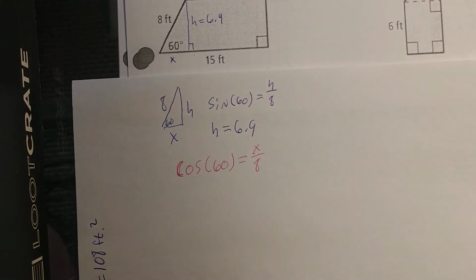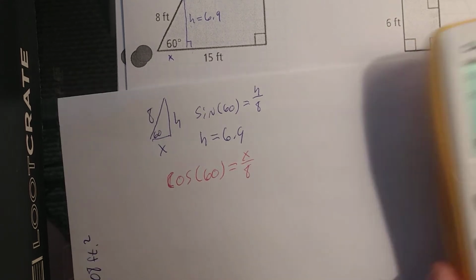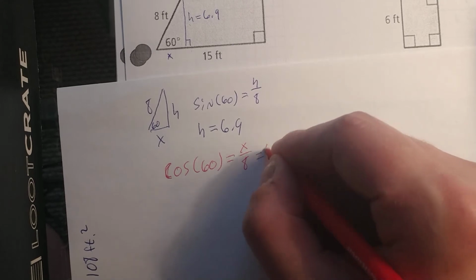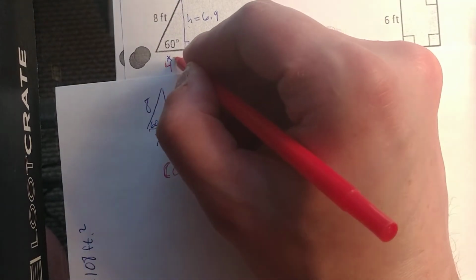So now I'm going to multiply cosine of 60 by 8. And that gives me an even 4. So I know that this is going to be 4.